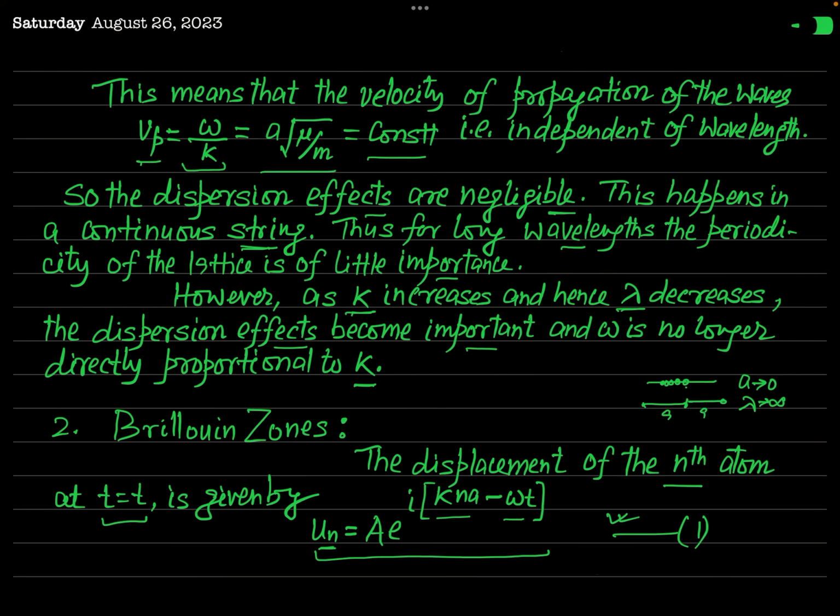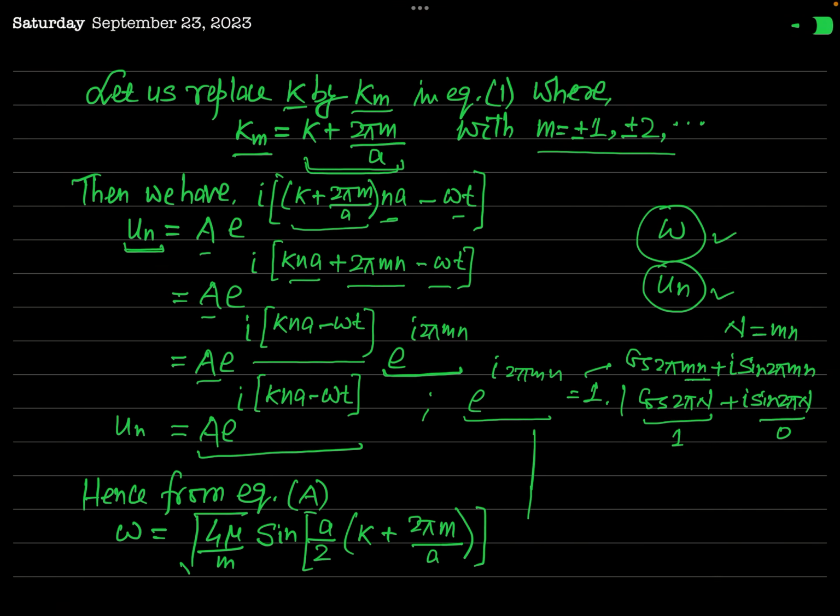So you can say that when k becomes k plus 2 pi m over a, then the displacement of the atom becomes the same as it was when k is equal to k.